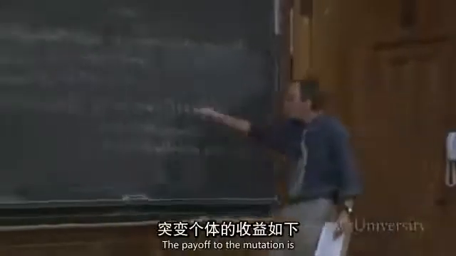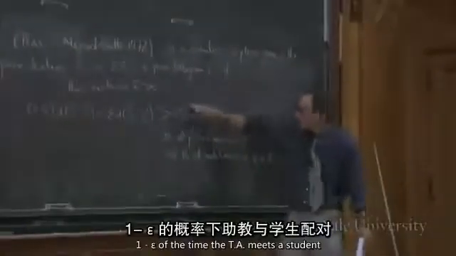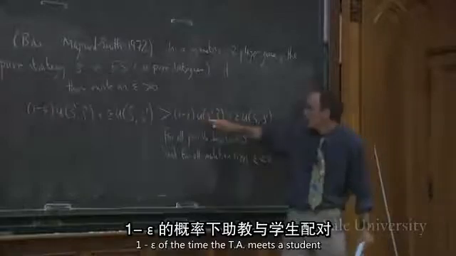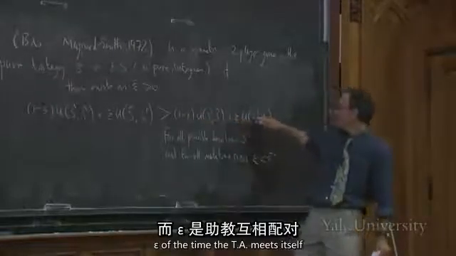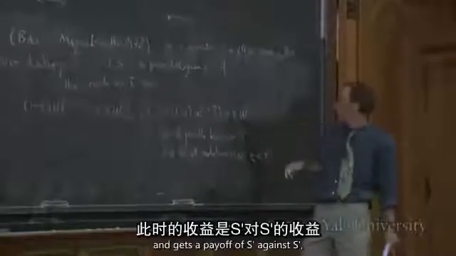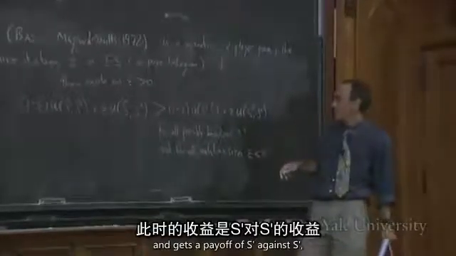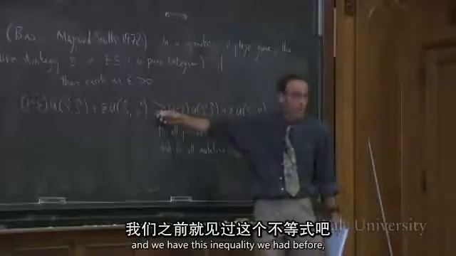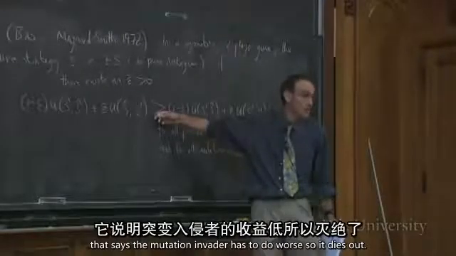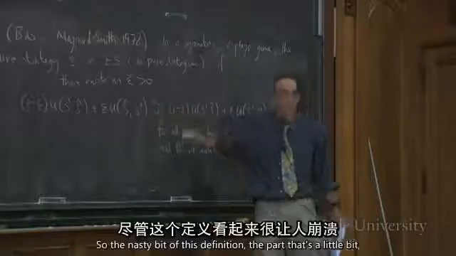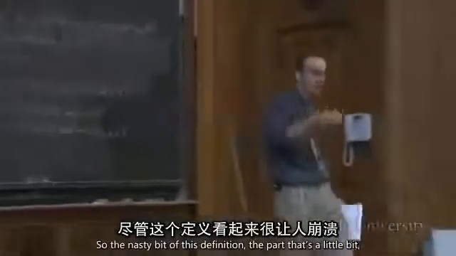The payoff to the mutation is 1 minus epsilon of the time the TA meets a student and gets the payoff of S prime against S hat. Epsilon of the time the TA meets itself and gets a payoff of S prime against S prime. And we have this inequality we had before that says the mutation, the invader, has to do worse, so it dies out.